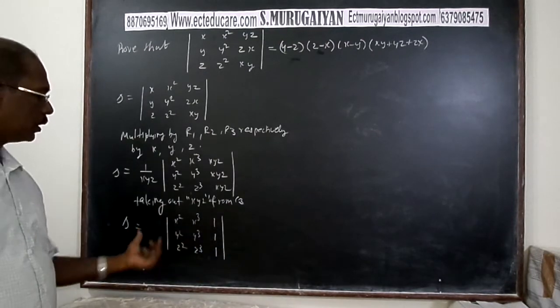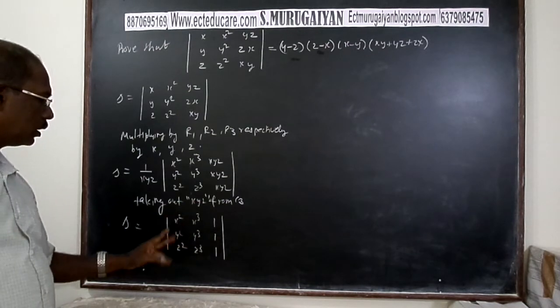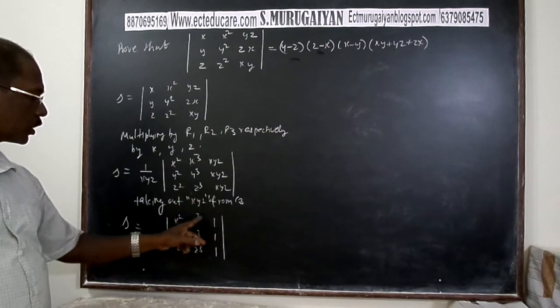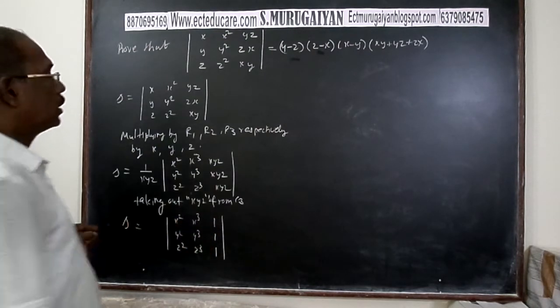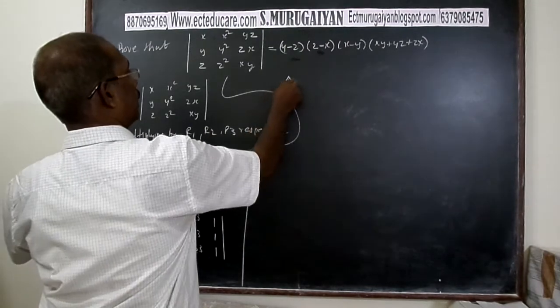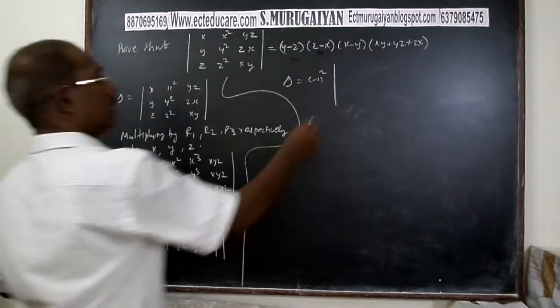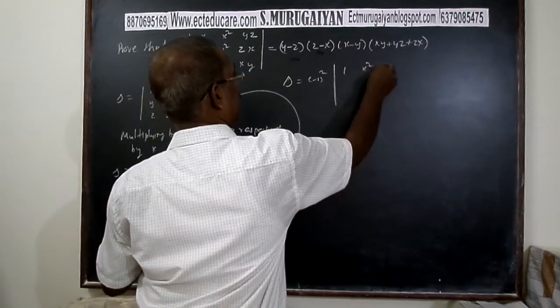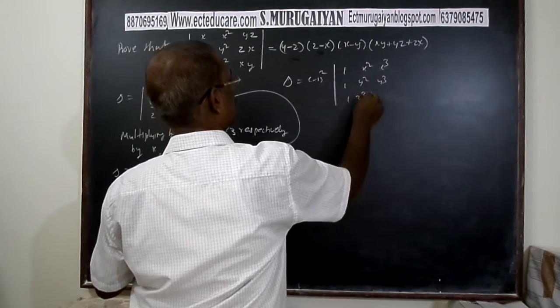Or rearranging without affecting the cyclic order, we can bring 1 to C1, and so x square, x cube 1 means next to 1, x square, 1, x square, x cube. The same thing can be written without affecting cyclic order, delta equal to minus 1 square. Yes, 2 times we are rearranging, 1 x square, x cube, 1 y square, y cube, 1 z square, z cube.